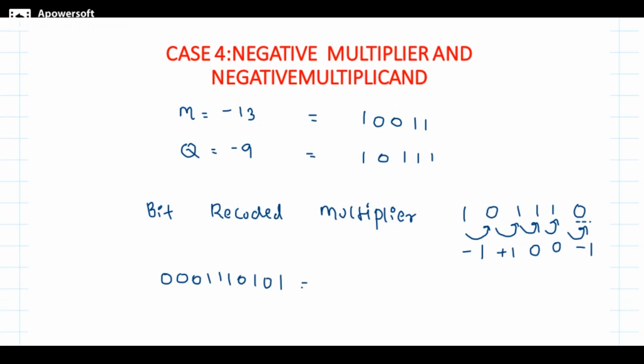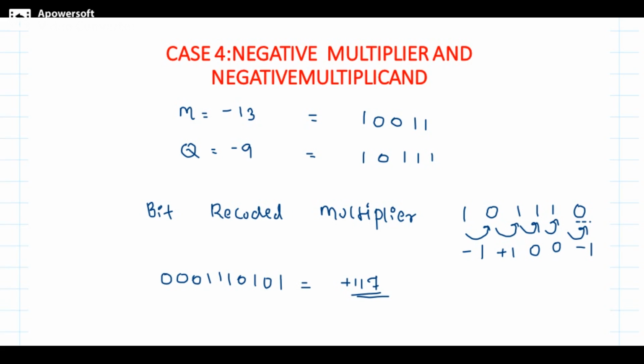That is nothing but plus 117. So if you are performing multiplication by considering negative multiplier and negative multiplicand, you will get the final product as a positive number. So minus 13 into minus 9 gives plus 117.